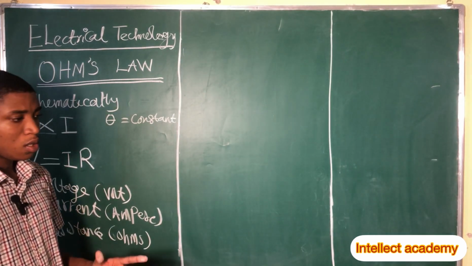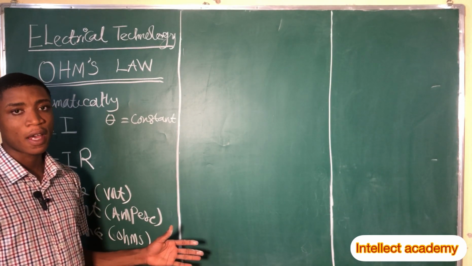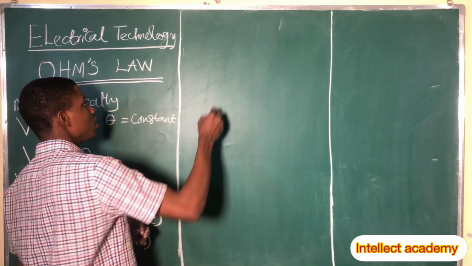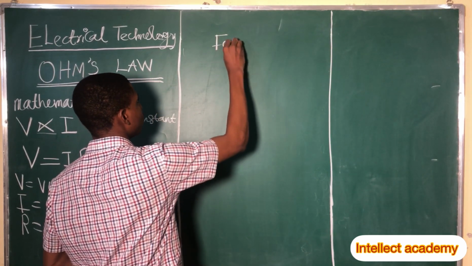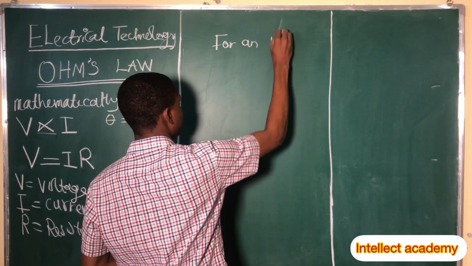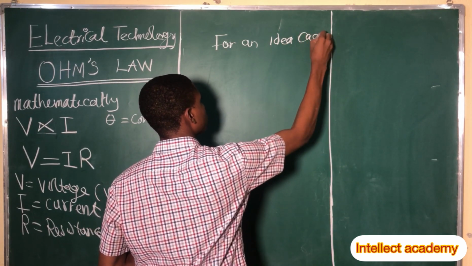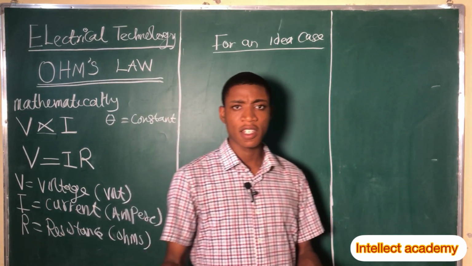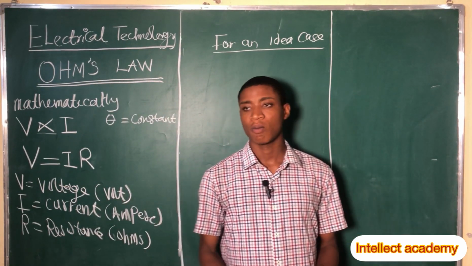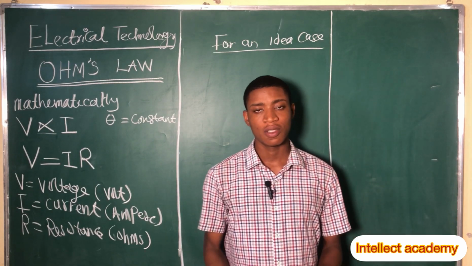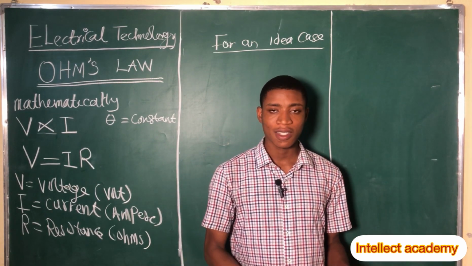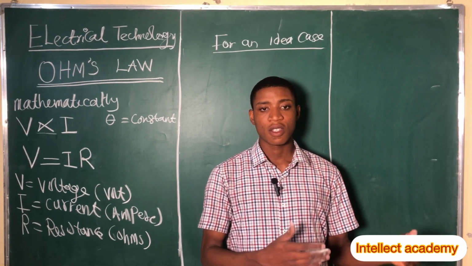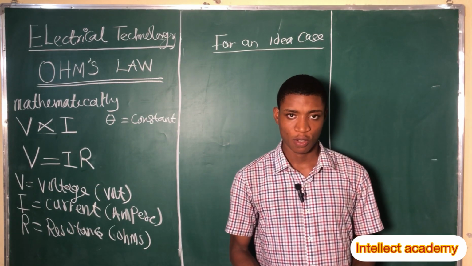Now, let's talk about a case where we have internal resistance. For an ideal case, the EMF of a source voltage depends on the internal resistance of the source r, such that the terminal voltage is given by this expression.